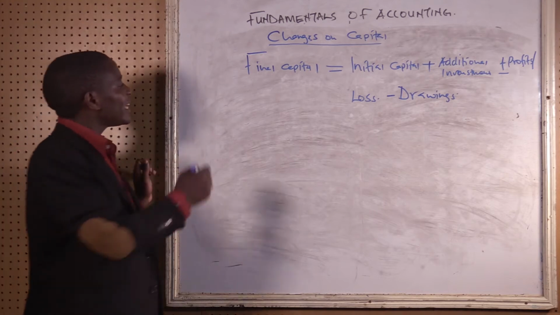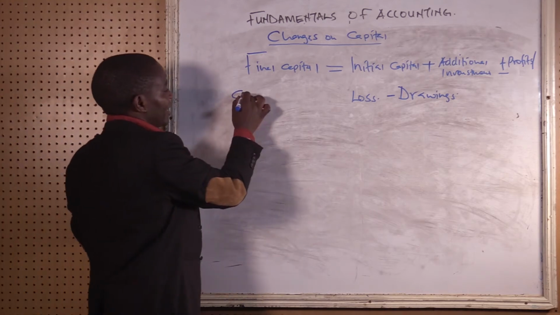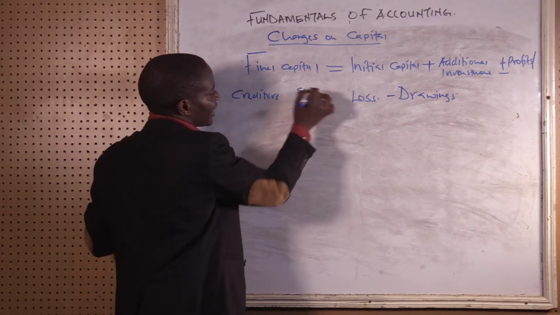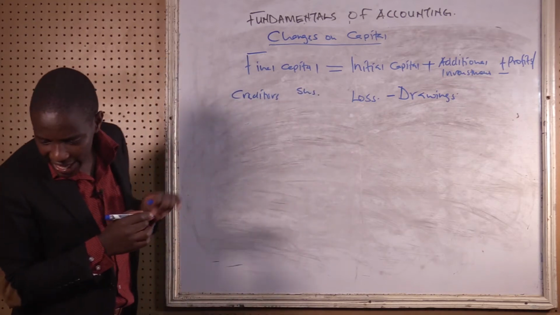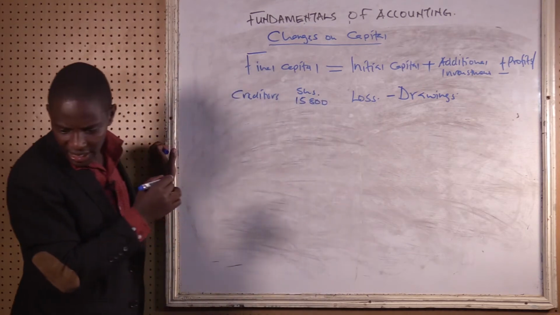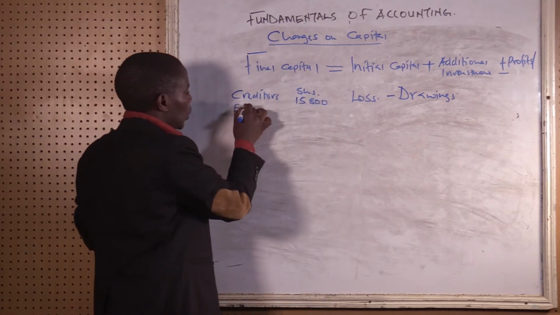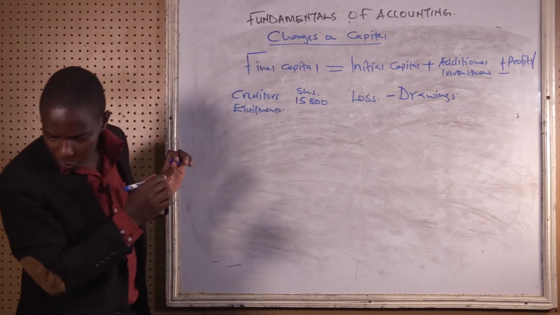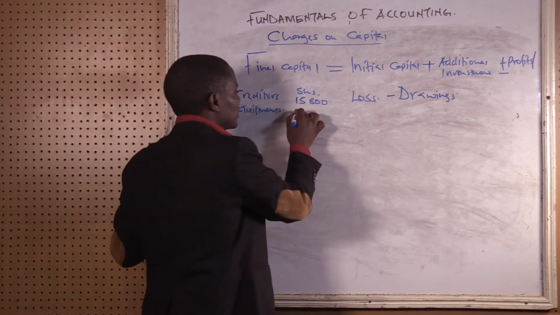We have been given the creditors. They are all in shillings. The creditors are worth 15,800. We have equipments. Equipments are worth 46,000.